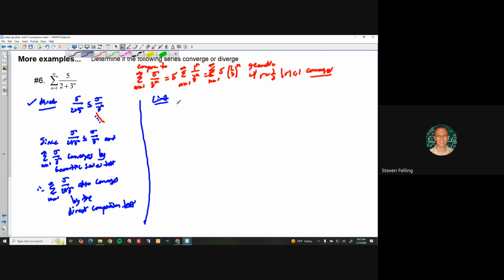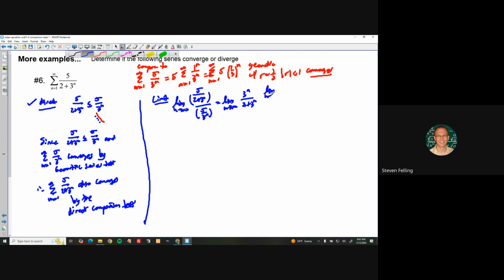So if we did limit comparison, we would be taking the limit as n approaches infinity of the two rules. So this would be 5/(2 + 3^n) divided by 5/3^n, which is the limit as n approaches infinity of, the 5's cancel out, and this will move on top. So it's 3^n over 2 + 3^n. Right? And if you did L'Hopital's rule, maybe we should do it real quick.